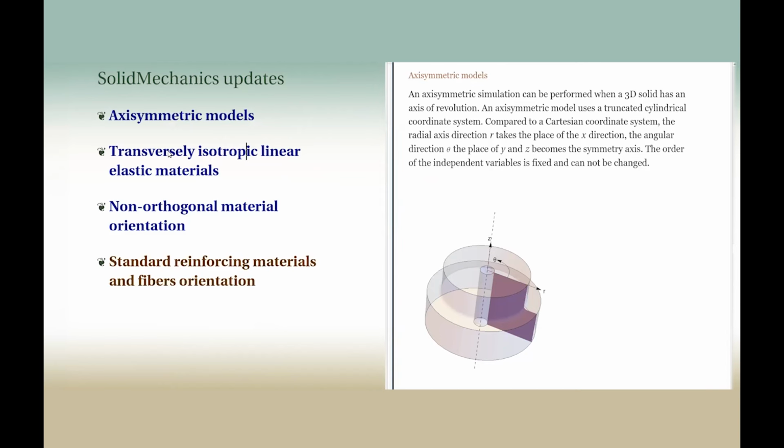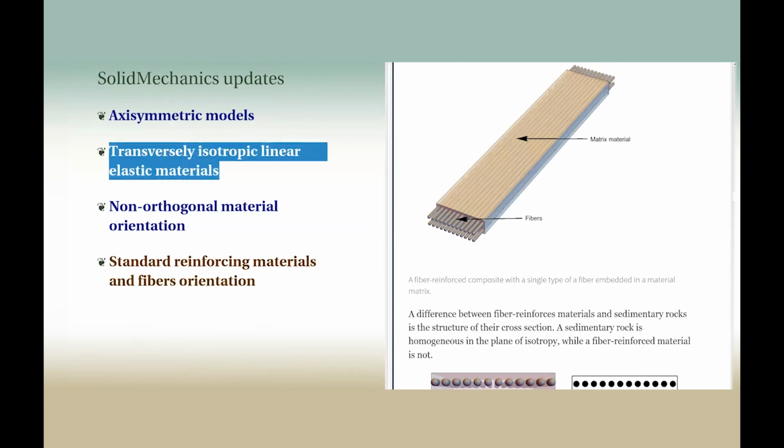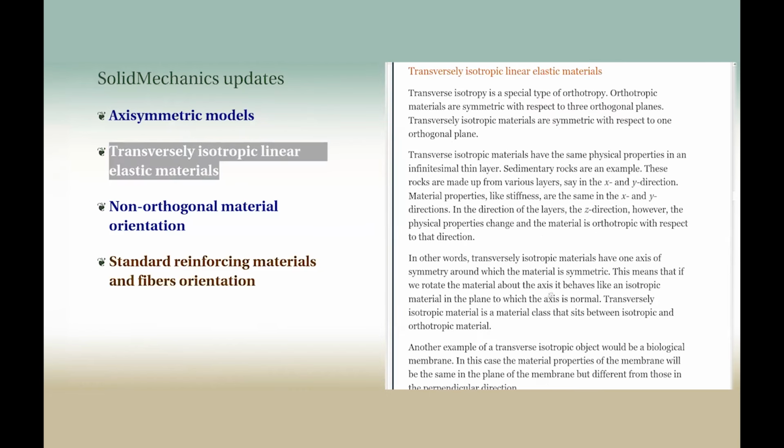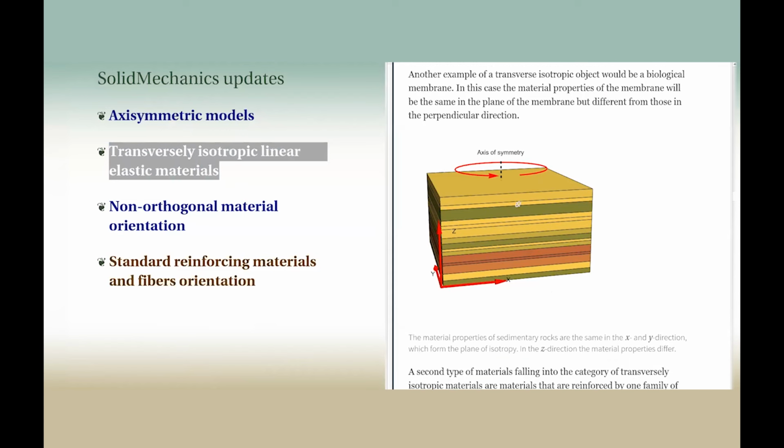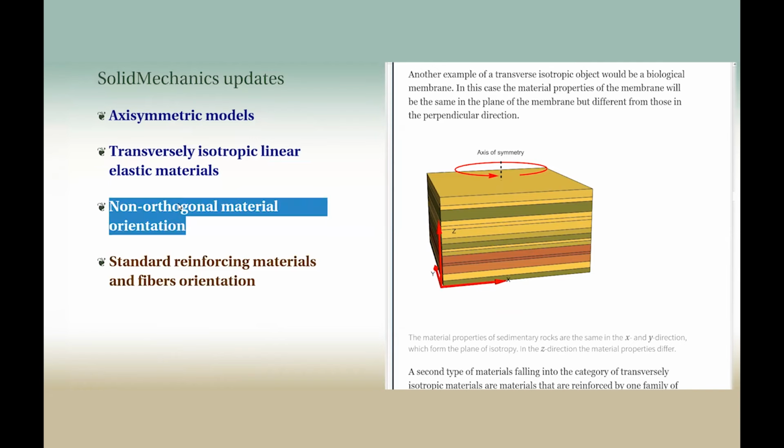Then we've added transversely isotropic linear elastic materials. That sounds complicated. It's not. So here we have, think about layered structures, for example, rocks and things like that, that have a specific layer order. These types of problems can be solved with transversely isotropic material laws. We've also added non-orthogonal material laws, and that makes things even more complicated.